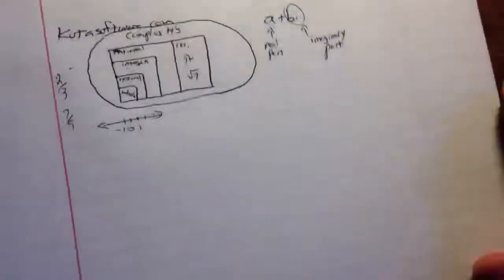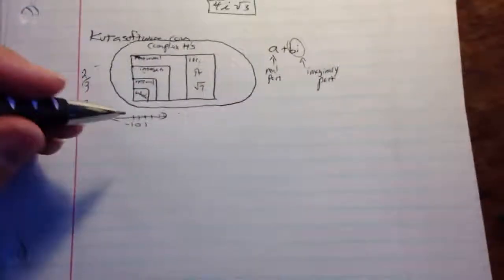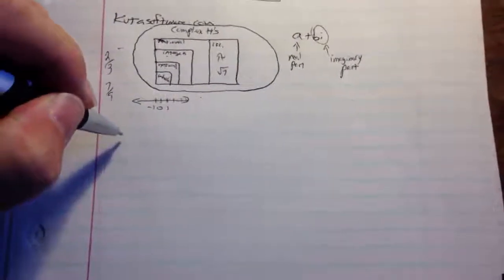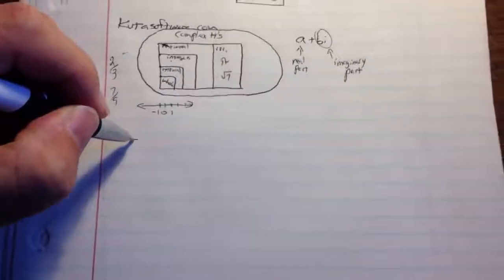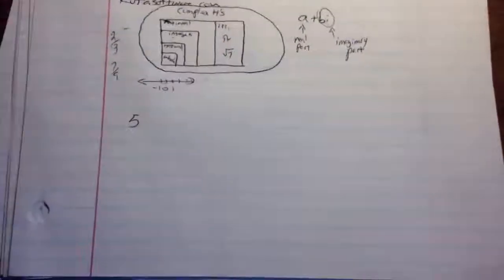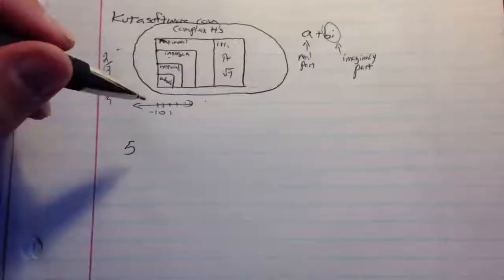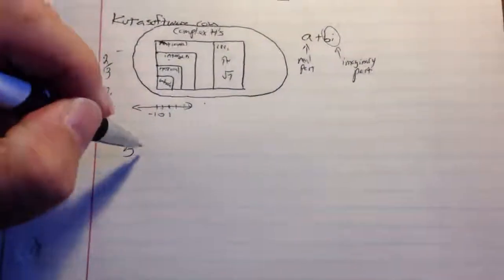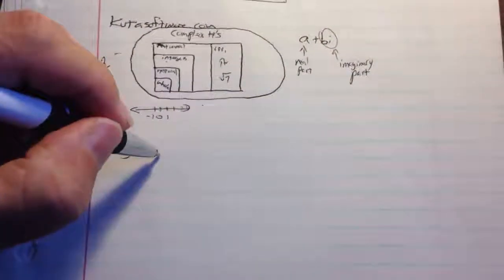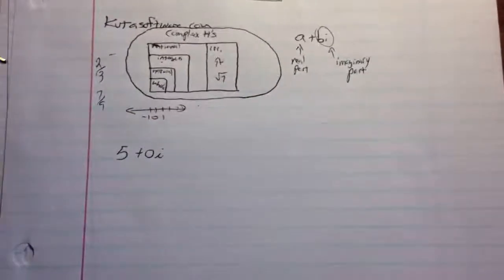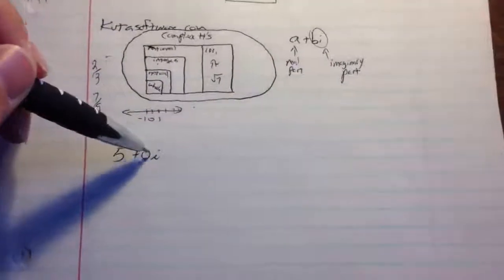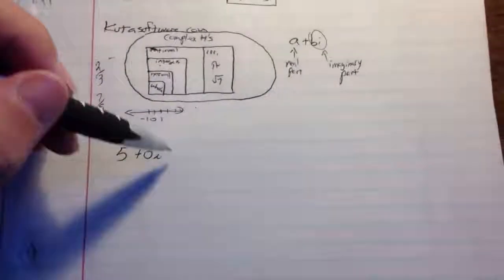To give you an idea how I can make sense out of that, when you were learning your basic numbers like 5, what was really there and you weren't aware of it was 5 plus 0i. Well, 0 times anything is 0, right? So you didn't need to know this.